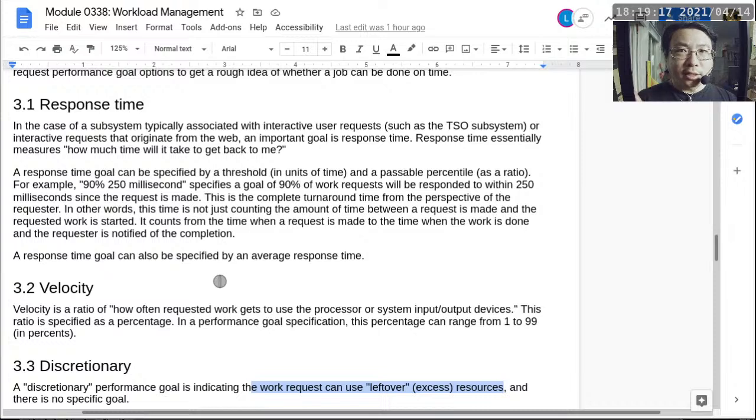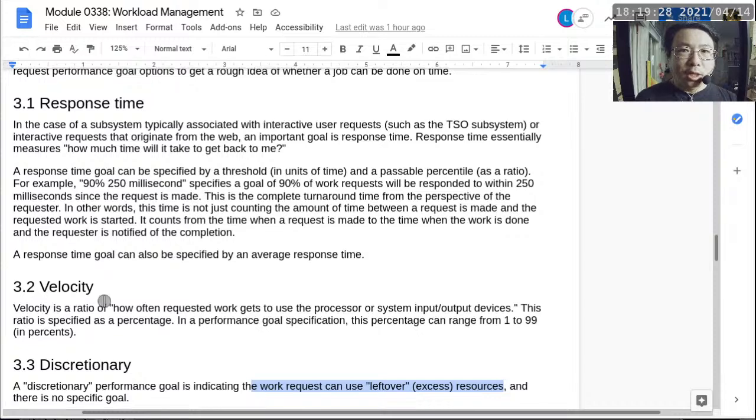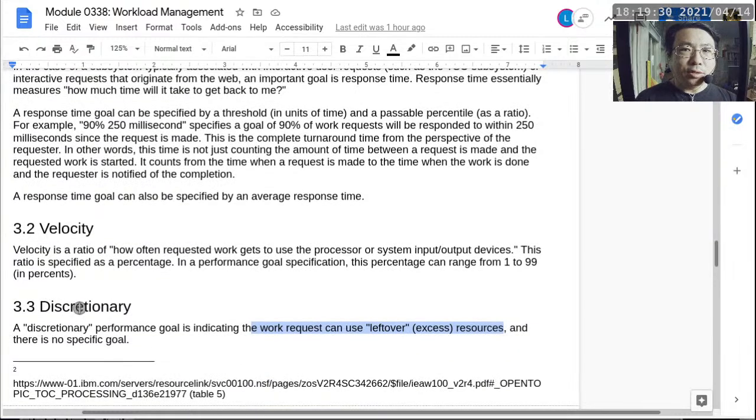That's my understanding. I tried to look this up and I could not find a specification in IBM's own documentation. But I can tell you, it doesn't make sense to have discretionary and one of the other 2 specified at the same time because that would be contradictory.